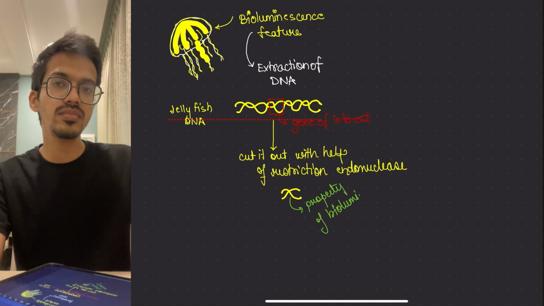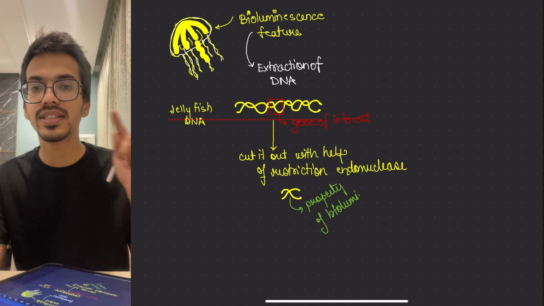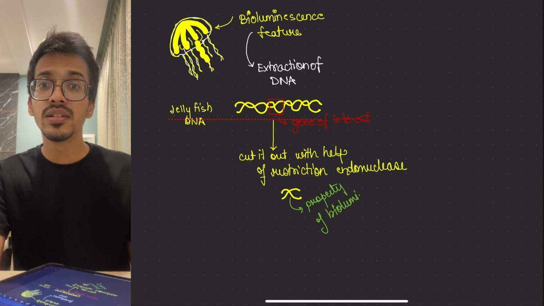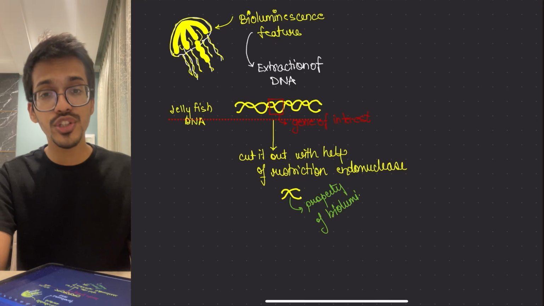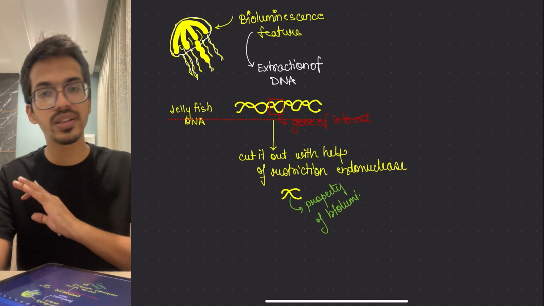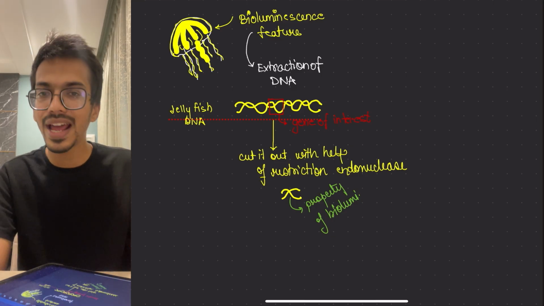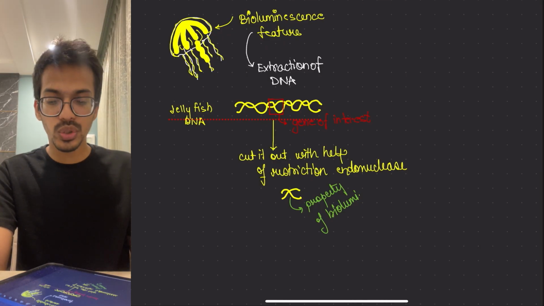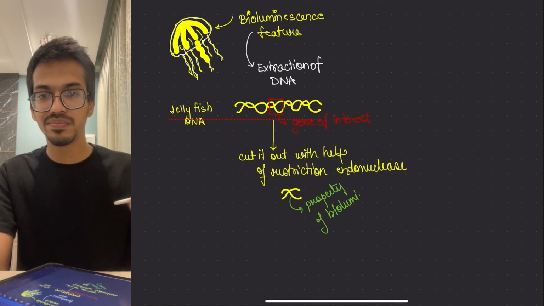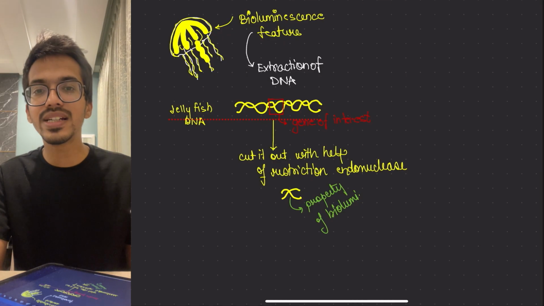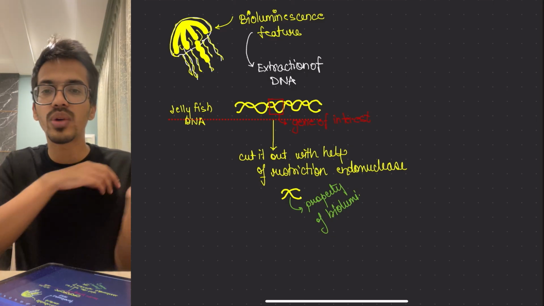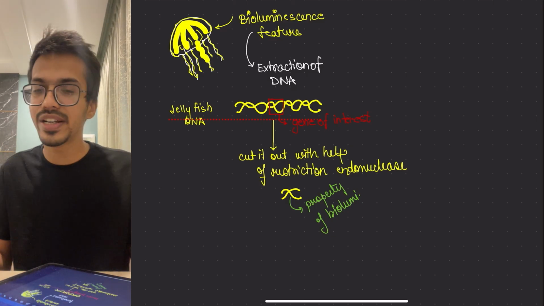Now I want this gene to be present inside each cell of the fish, or else all the cells will not glow. I want the whole body of the fish to glow. So now I have to put it inside. But if I directly put anything, will the cell take it? No, the cell will find it foreign and digest and destroy it.